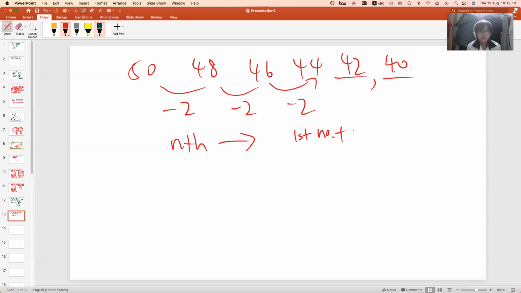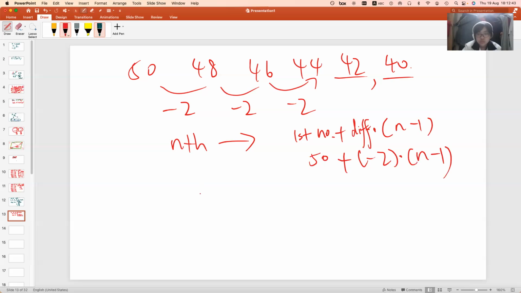First number, plus difference, times (n minus 1) in brackets. Correct. So what is the first number in this case? The first number is 50. What's the difference? The difference is minus 2.